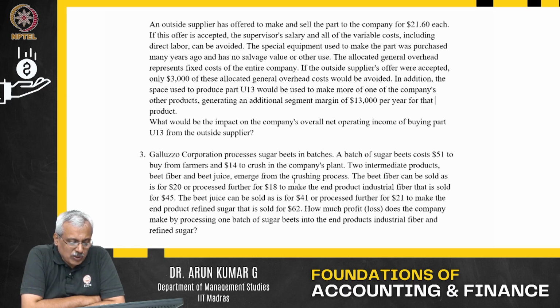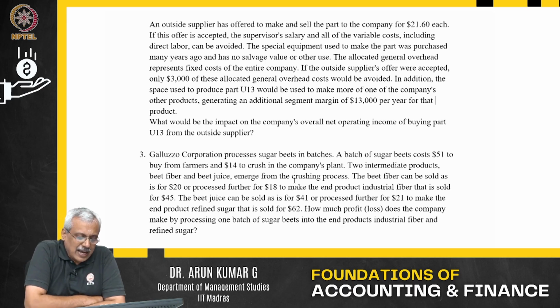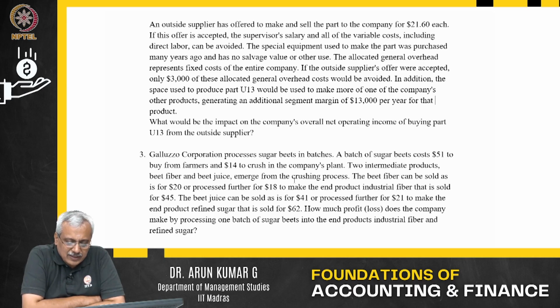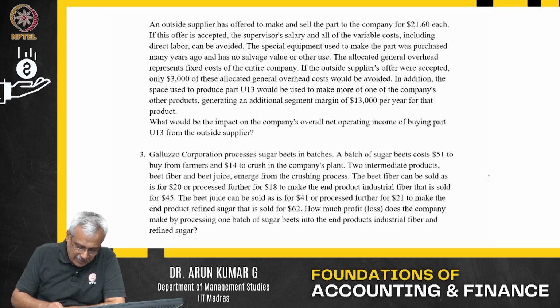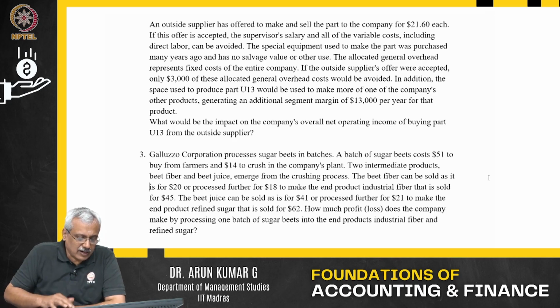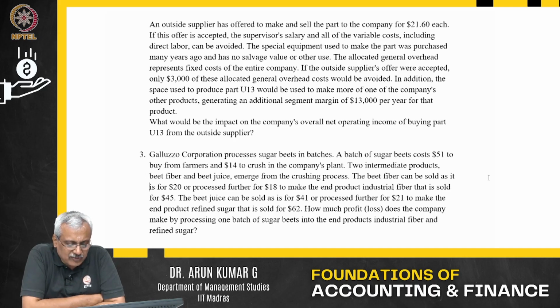The beet fiber can be sold as is for $20 or processed further for $18 to make the end product industrial fiber that can be sold at $45. Beet juice can be sold at $41 or processed further for $21 to make the end product refined sugar that is to be sold at $62.